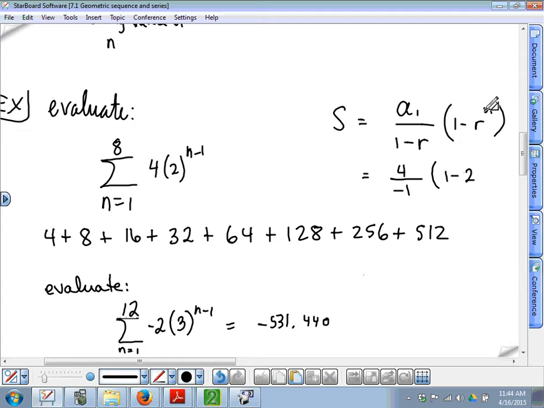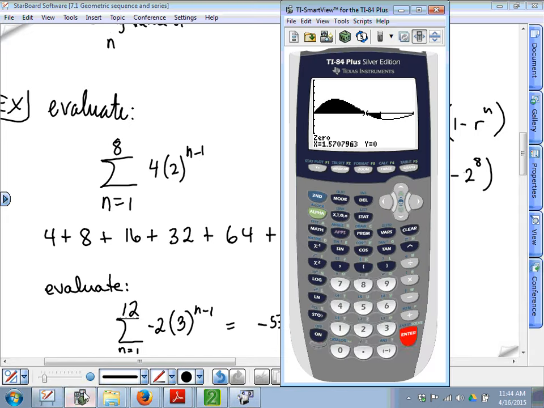And then n represents how many numbers you're adding up. You're adding 8 numbers, so it's 8. That means you start at the first term, and this is the first term, and you end at the 8th term, and this is the 8th term. Yeah. So let's just calculate a problem.